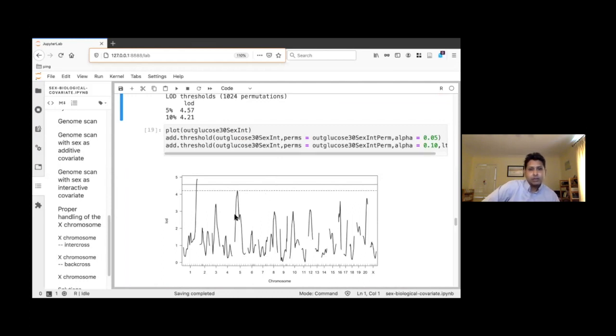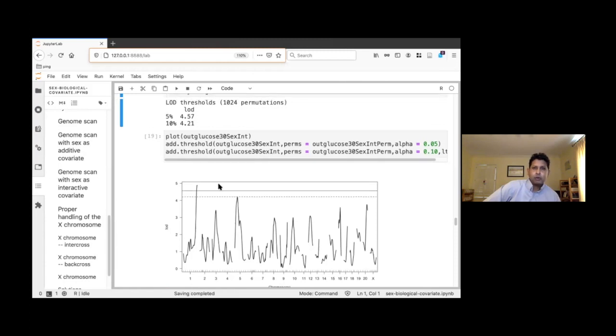So now we are back to the previous scenario where there is one clear Qtl and maybe a second Qtl that touches, and these are actually even smaller now, the 10% threshold.